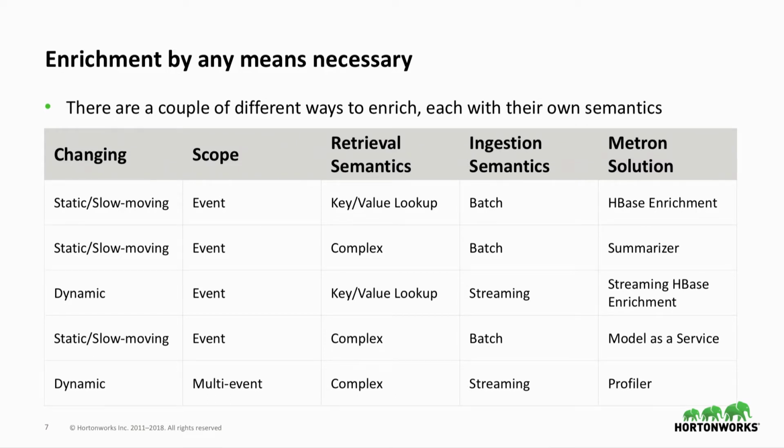That's a streaming enrichment. You're going to constantly stream updates into HBase. But the read semantic, so that's a different write semantic from the top, the static slow moving with HBase enrichment, but the same read semantic. I'm still interacting with HBase there. So use the same Stellar functions around that to provide a unified kind of experience.